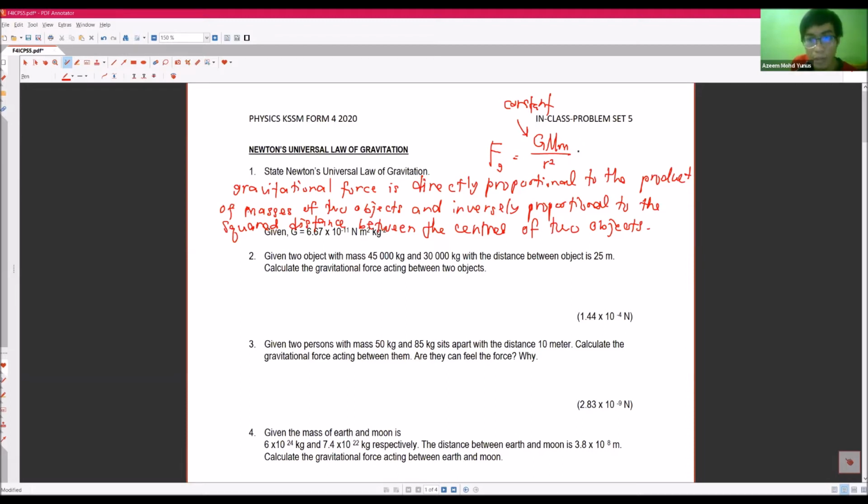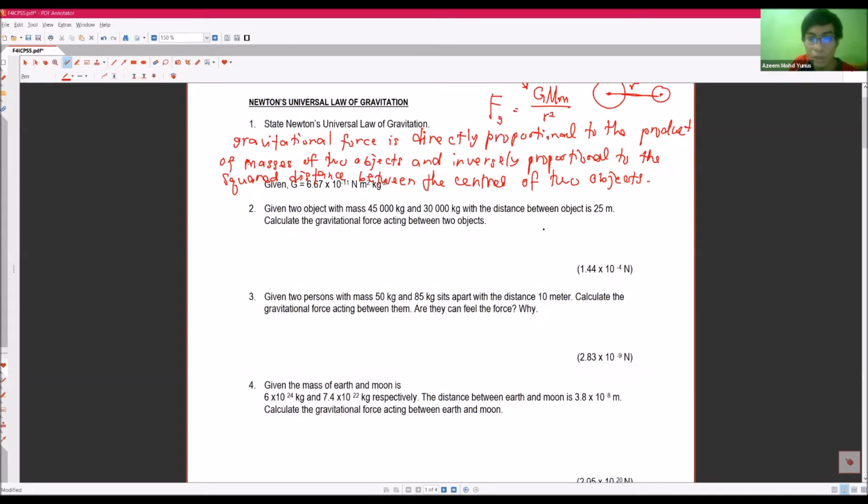So it is the product of masses of two objects. And the below one is the distance between the two centers. So this is one center, this is another center, and the distance between the two centers is r. So we have to square the r. So we put the square distance between the centers of two objects. That is Newton's universal law of gravitation.